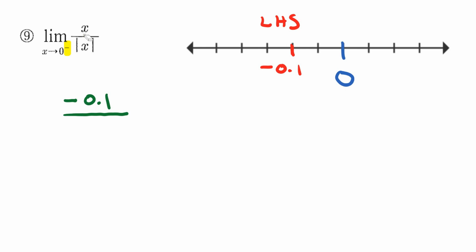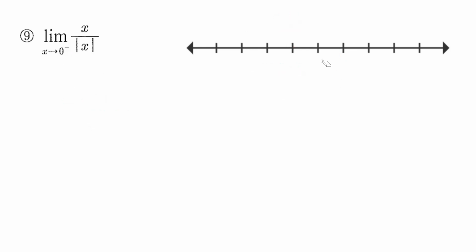Oh, wait, hold on. Let me look at this problem here again. Sorry, I didn't realize that this is an absolute value problem here. There are different ways you can do this, but I noticed that there's an x and an x on the bottom, so it's almost like the same function over the same function.